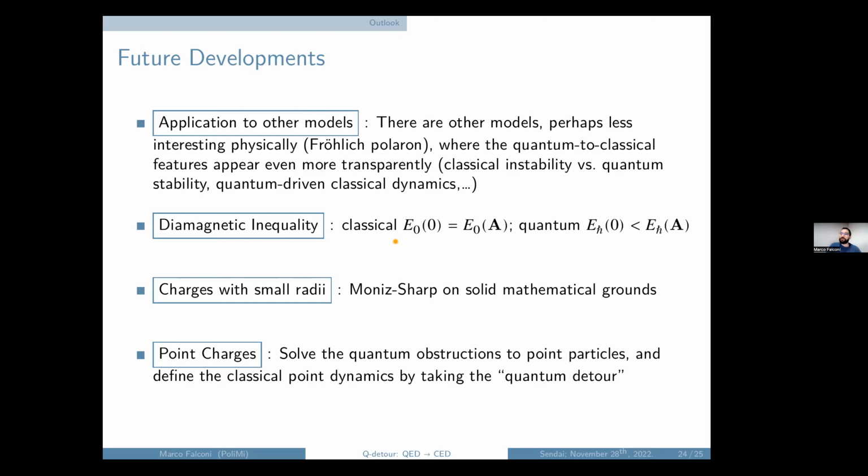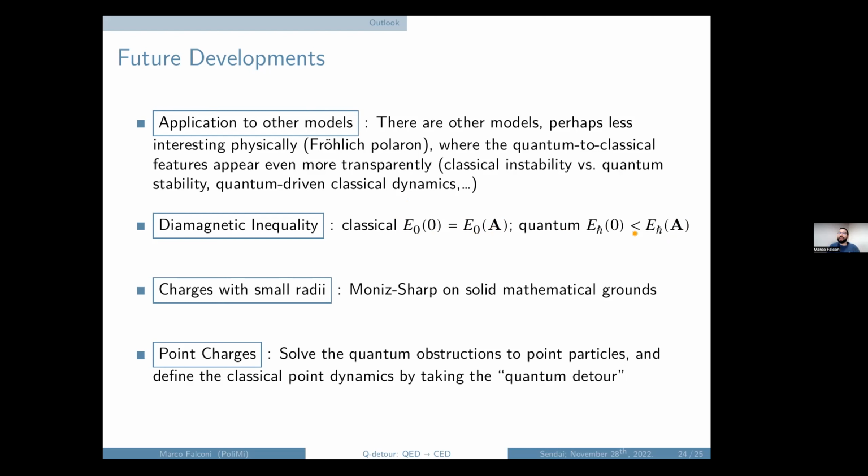Then there is the point of the diamagnetic inequality. Classically, the diamagnetic inequality is an equality: the ground state energy, if you take the vector potential to be 0, is equal to the ground state energy if you take the vector potential non-zero. While at the quantum level, if you take the vector potential to be 0, you have a strictly smaller ground state energy than if you take the vector potential to be non-zero.